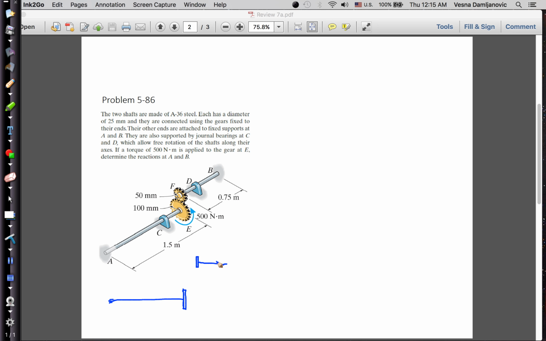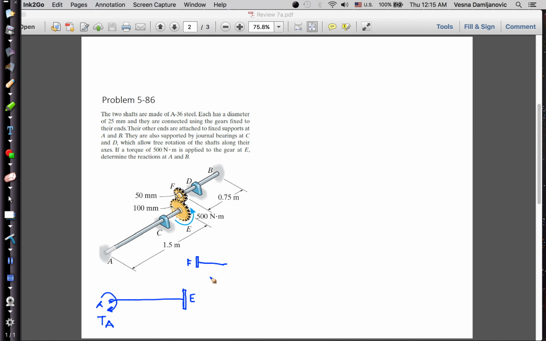And so what are the loads on them? Let's sort that out. On this one, we have a torque like this, TA, we'll call that TA, and that's a point A. Okay, this is a point E, and that's a point F.